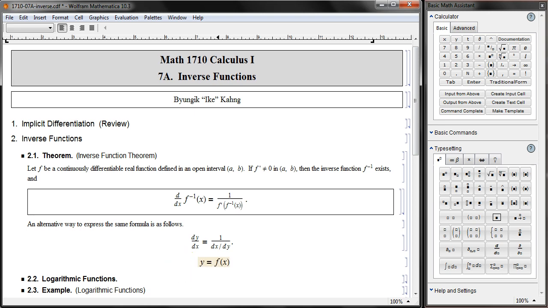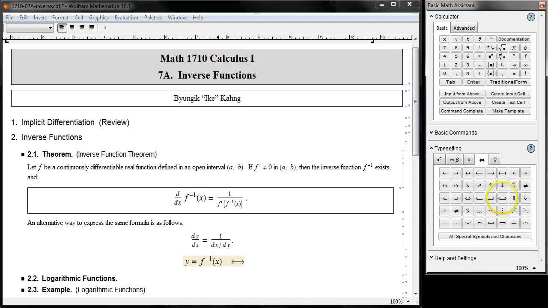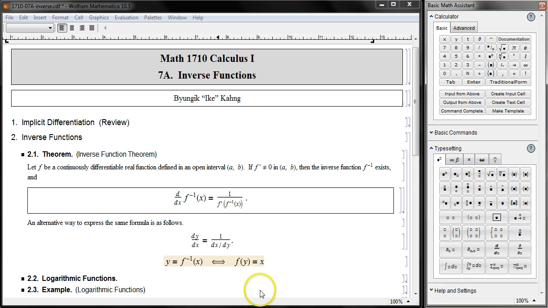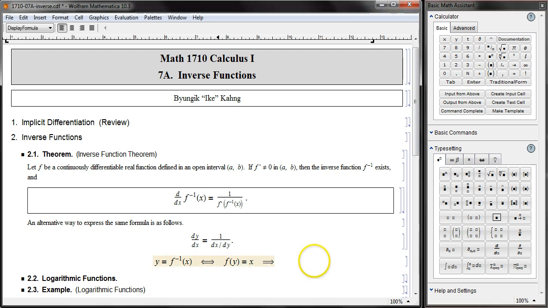y equals f of x, and we are looking for the inverse function, right? This is equivalent to f of y equals x, isn't it? And then here we take the derivative implicitly. Then what happens?